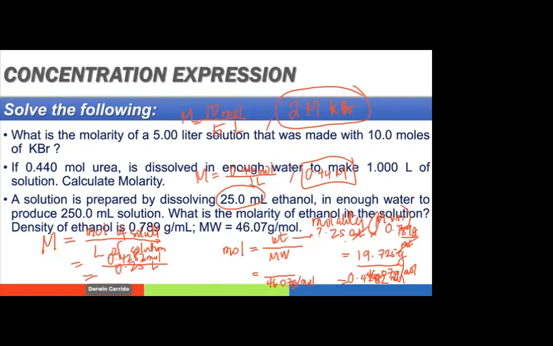The molarity is 1.7, dalawang decimal na lang, 1.758. Nakuha niyo ba? Parang mahirap siya. Pero yun nga, you always go back to the formula para guided ka. Nagpalabasin mo na lang yung mga kailangan mong variables. Para maging moles, use 25 ml, density and molecular weight.